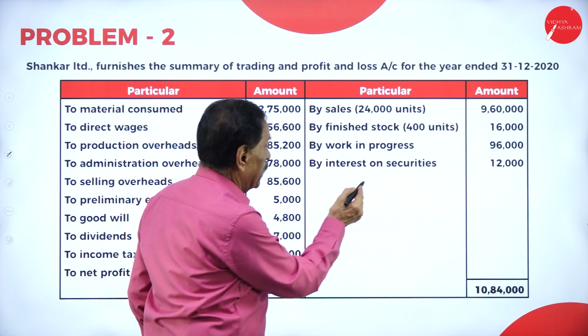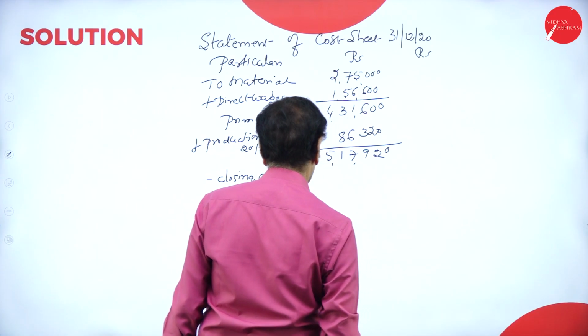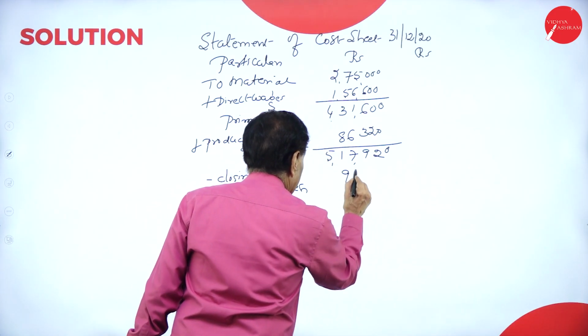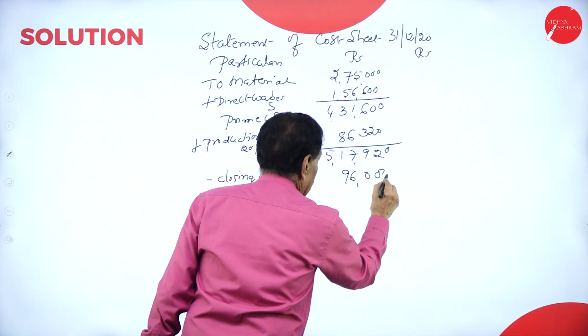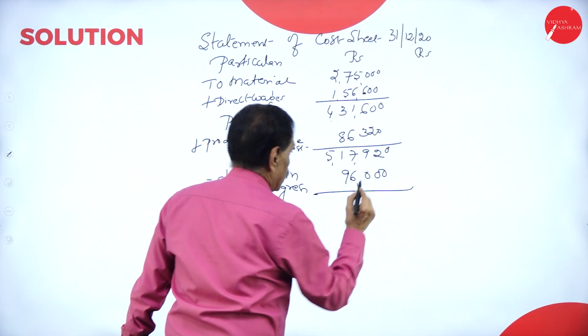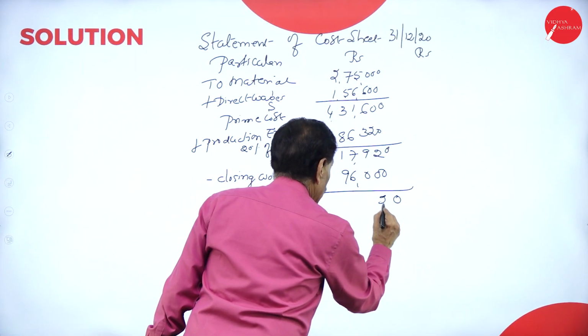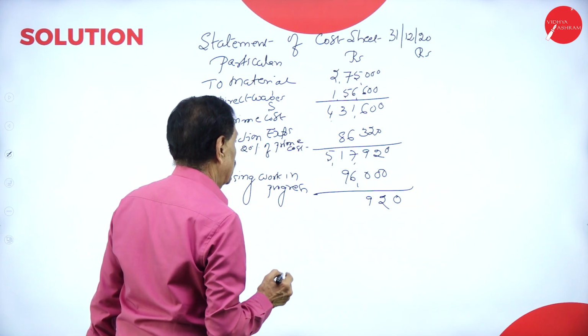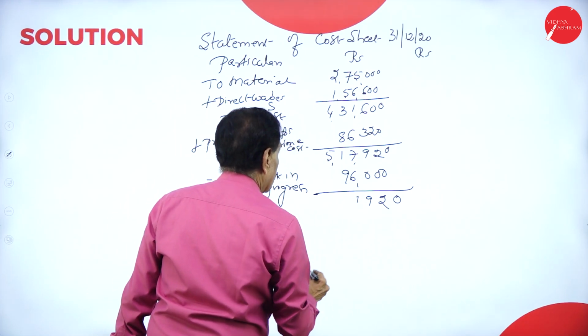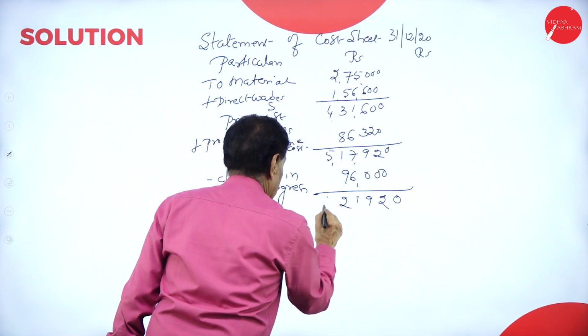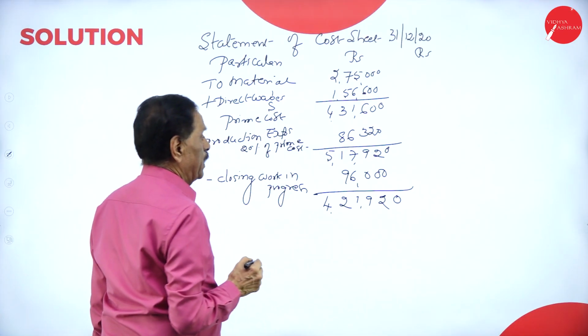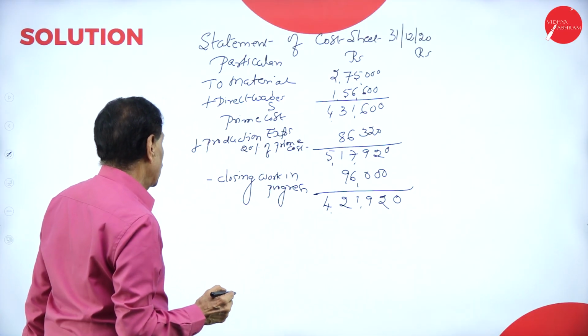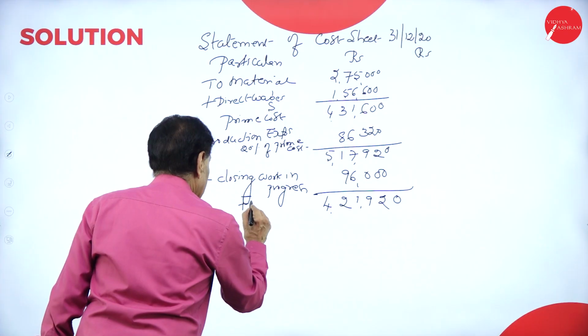What's your closing work in progress? 96,000. Deduct, so it is 4,21,920. This is your factory cost.